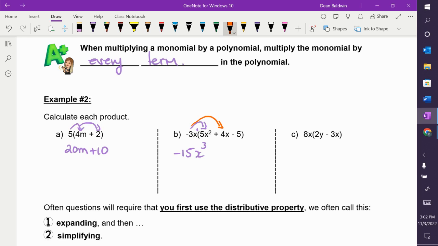Then that negative 3x gets times by 4x. What's negative 3 times 4? What do I do with the x's? So I get x to the power of. And then finally, negative 3 times negative 5 is 15x.